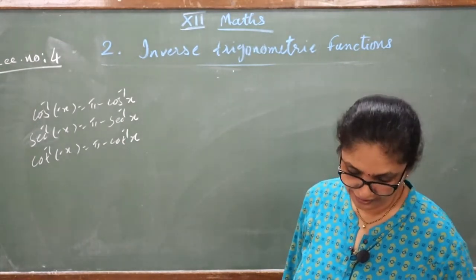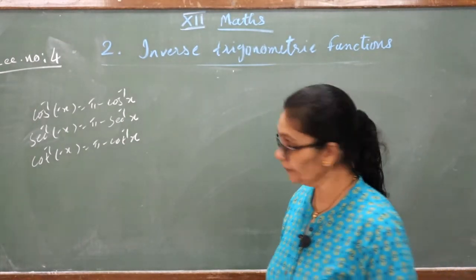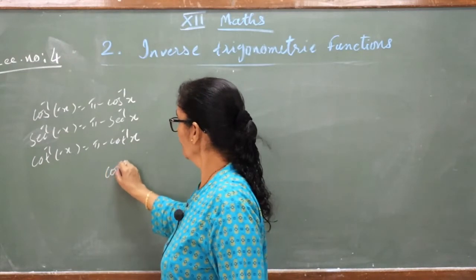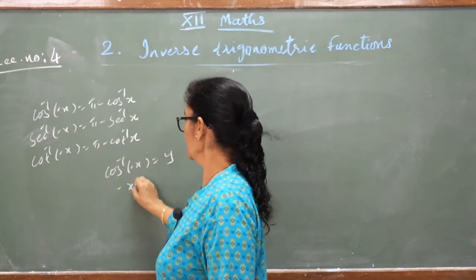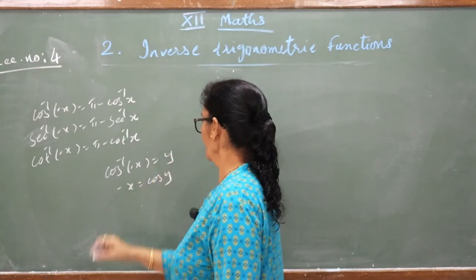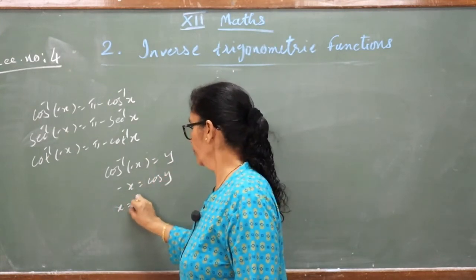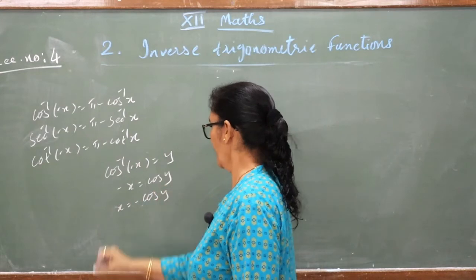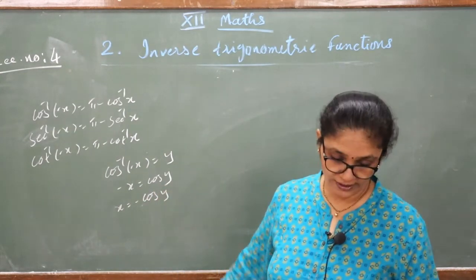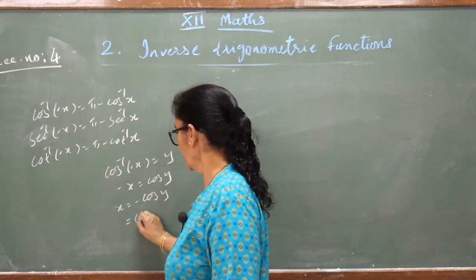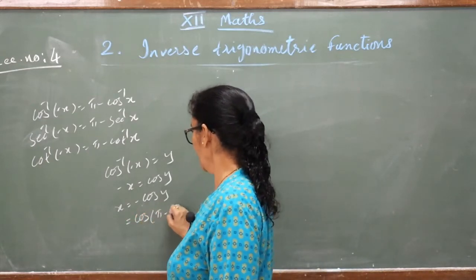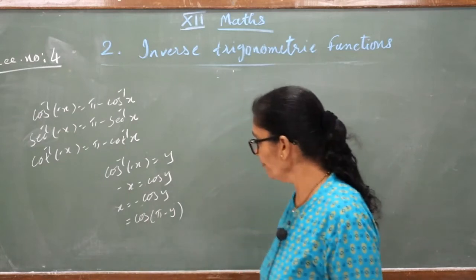So let's start with the first one. We take the same way of proof: cos inverse minus x equal to y. So minus x equal to cos y. Now x equal to minus cos y. In which quadrant is cos negative? In the second. So you can write cos pi minus y, because cos is an even function.